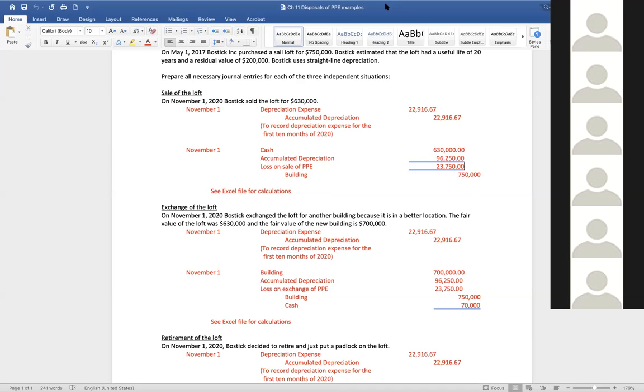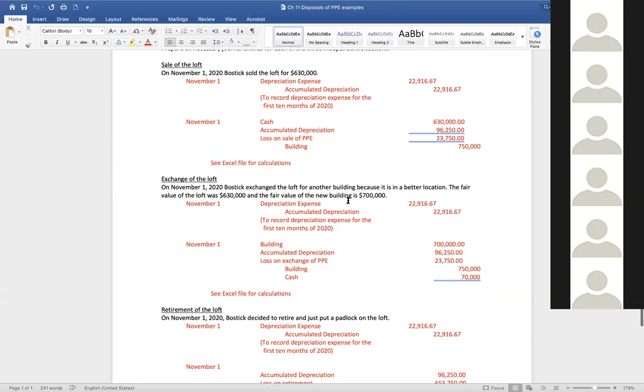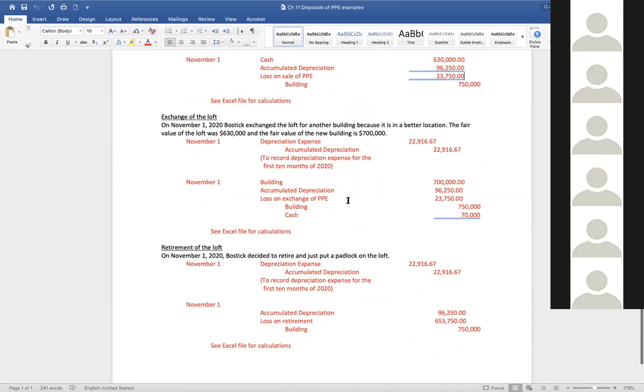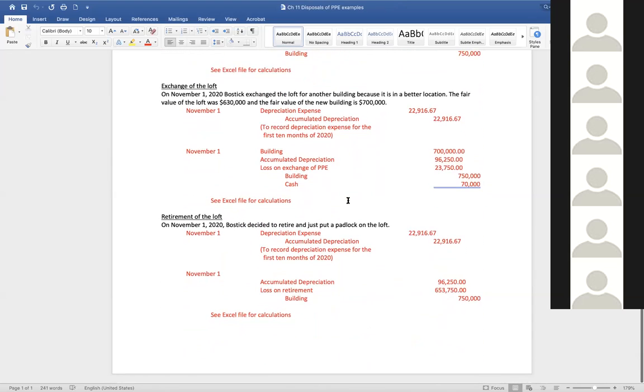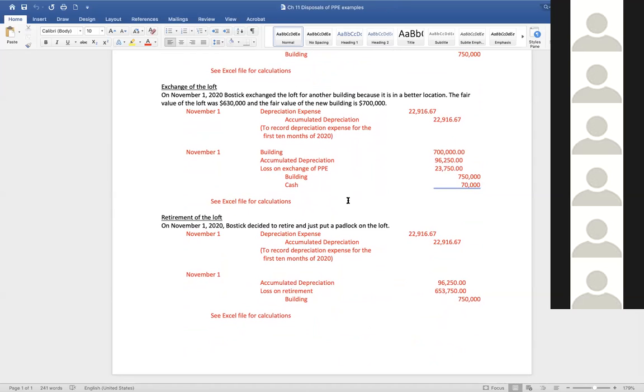Now let's take a look at what would happen if I exchanged the loft. Now we're going to get into the discussion of the characteristics and accounting of exchanges with commercial substance and without commercial substance shortly.